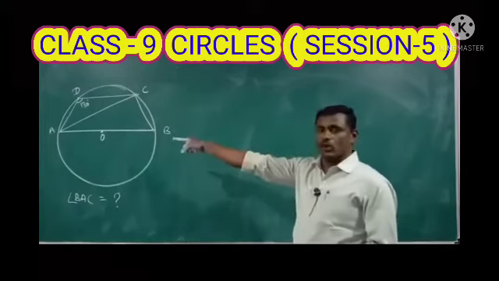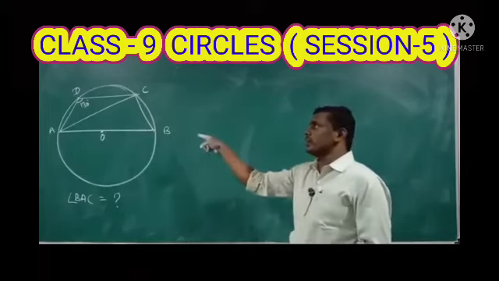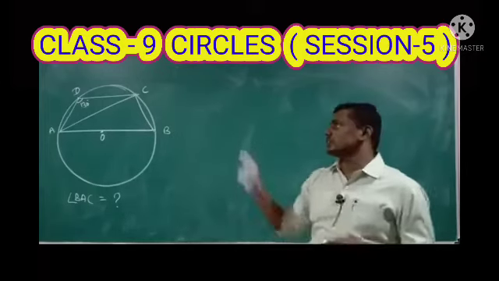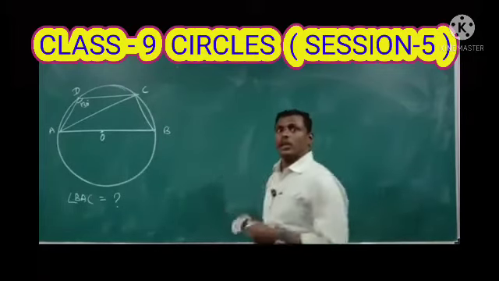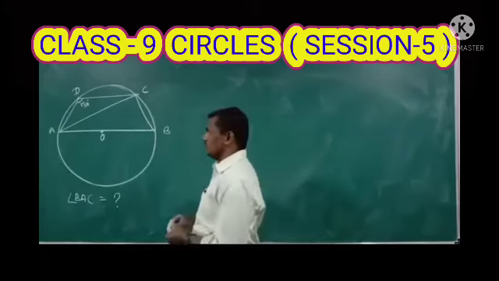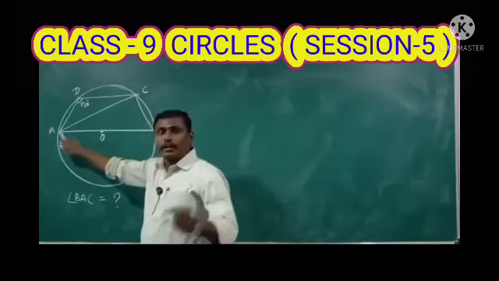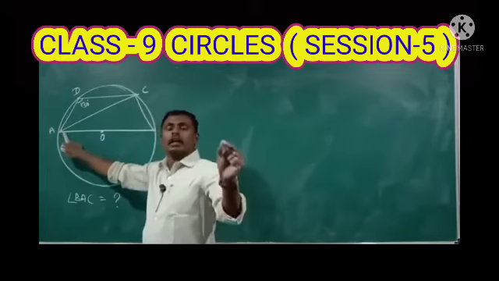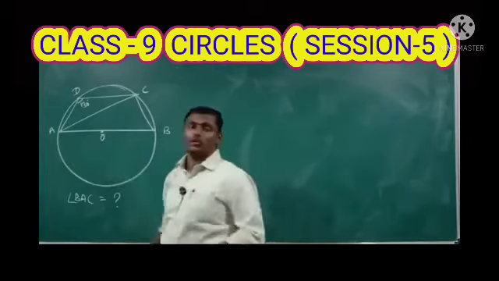Just observe the given diagram. Here O is the center of the circle and AB is the line which passes through the center of the circle, so AB is considered a diameter of the circle. The angle formed in the semicircle is always a right angle.